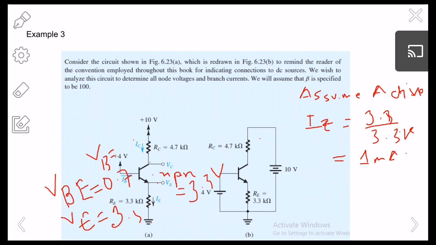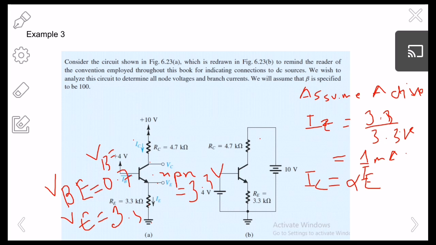So I'll be easily able to find IC, because IC is equal to alpha times IE. And now you may ask what is alpha then, right?